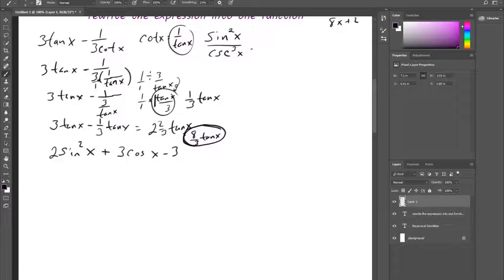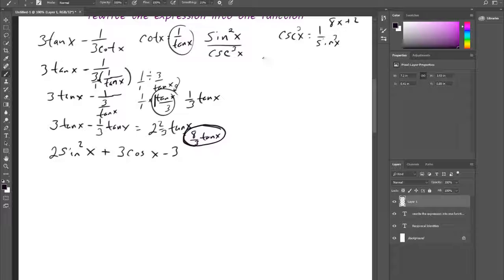Okay, so let's go ahead and do this one. We got cosecant cubed. Now we know that cosecant x is equal to 1 over sine x, and cosecant squared x is 1 over sine squared x. Cosecant cubed x is 1 over sine cubed x.